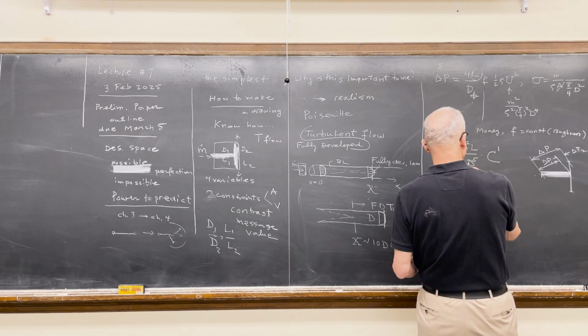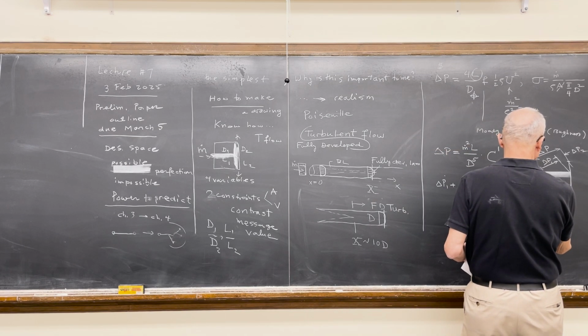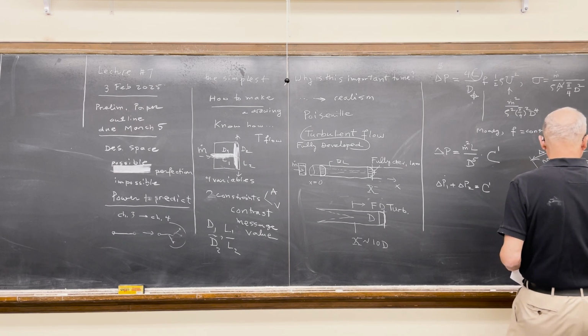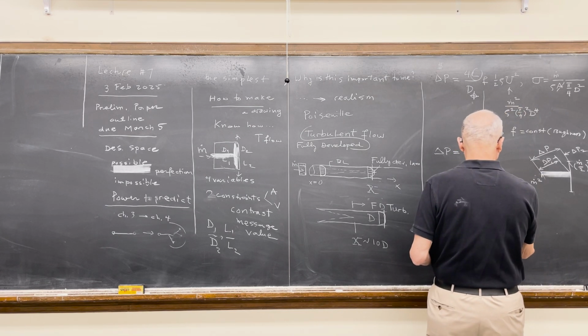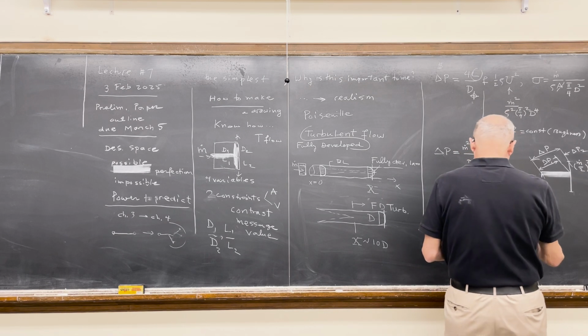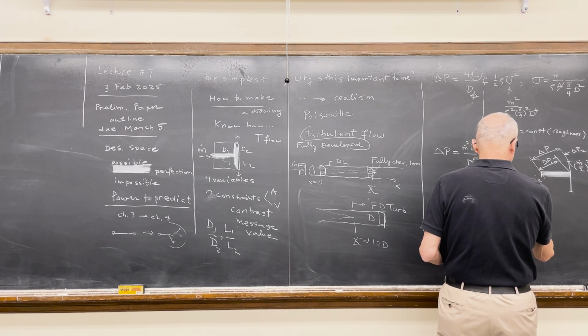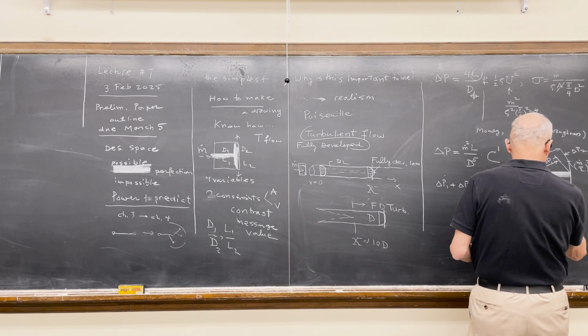This constant comes in front. M dot squared comes in front because you have M dot squared at this end, and M dot over 2 squared coming out of the branches or the tributaries. So you end up with M dot squared, and then a group that depends on geometry alone, L1 over D1 to power 5 plus 1 over 4, and then L2 over D2 to power 5.